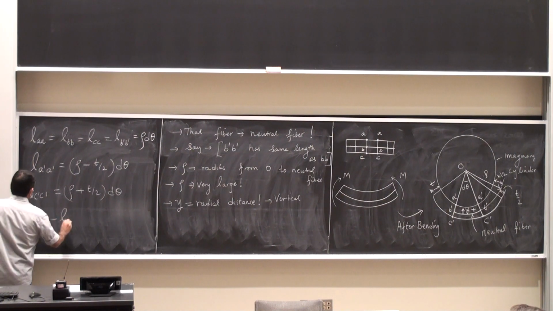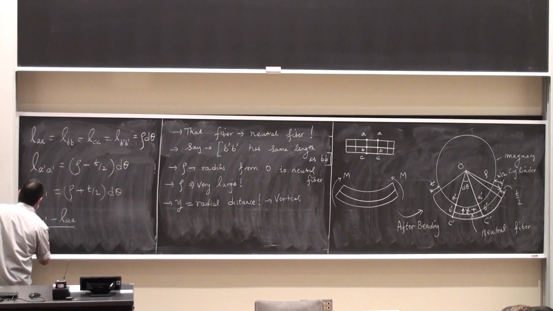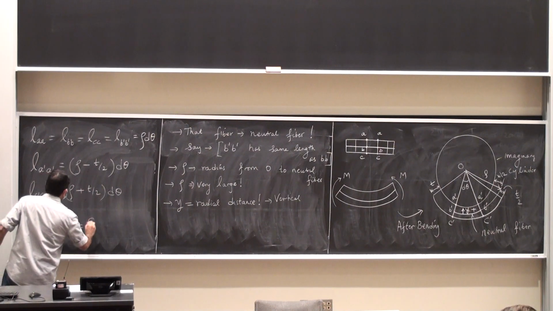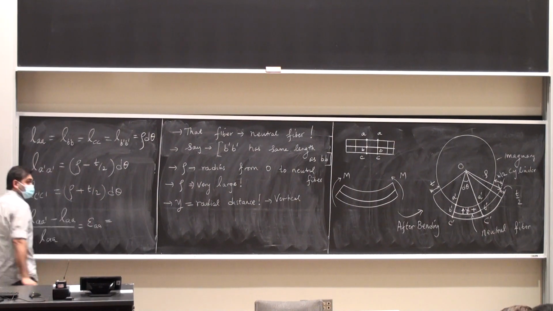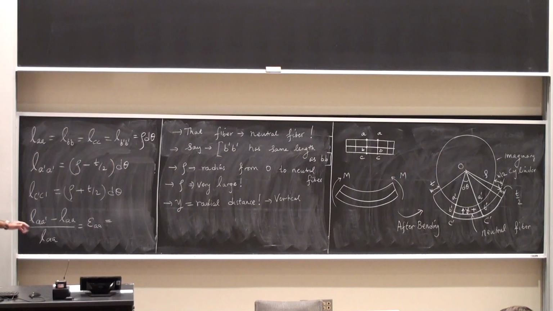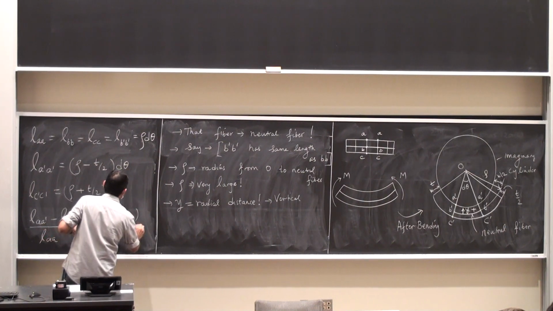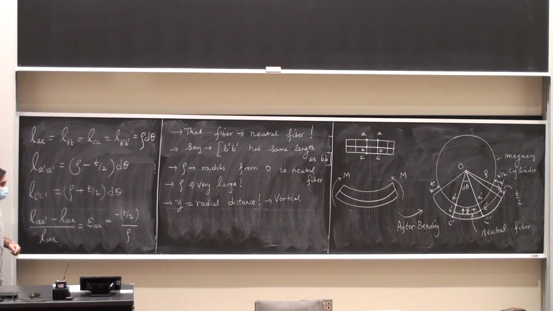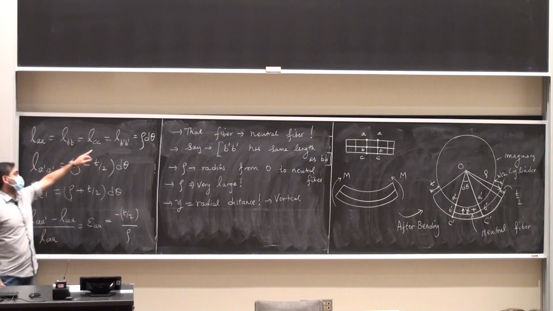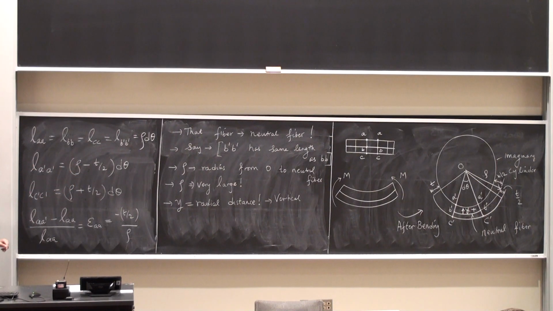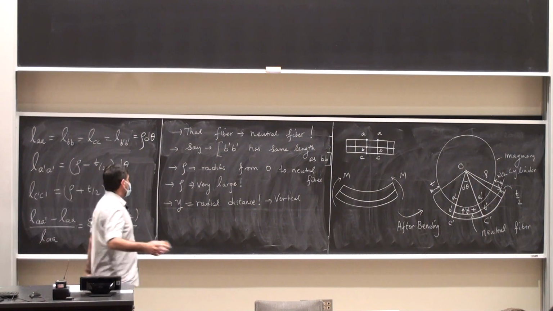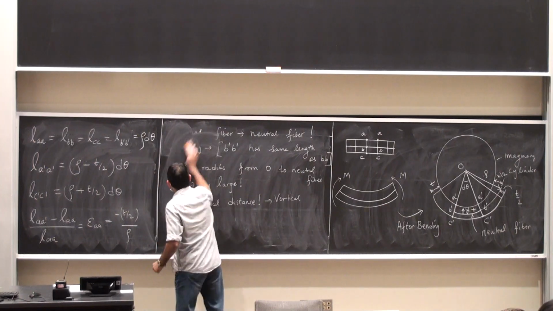L_A'A' minus L_AA by L_AA is epsilon AA. If I do the calculations, you'll end up getting minus t by 2 divided by rho. I'm just taking this length, subtracting it from that length, and then dividing it by the original length.